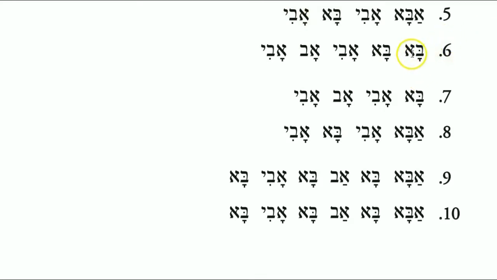Lines 6 through 10 continue the drills: Ba, Avi, Av, Avi; Abba, Avi, Ba, Avi; Abba, Ba, Av, Ba, Avi, Ba.